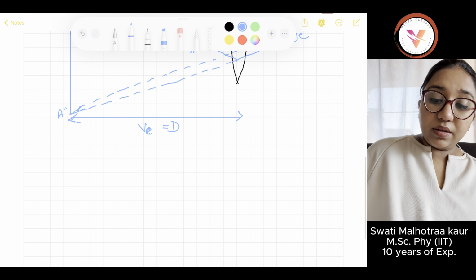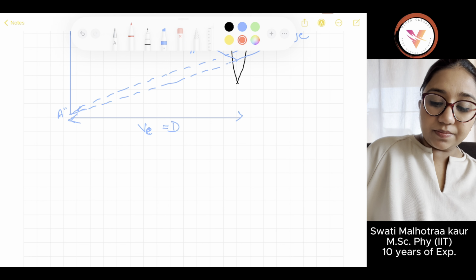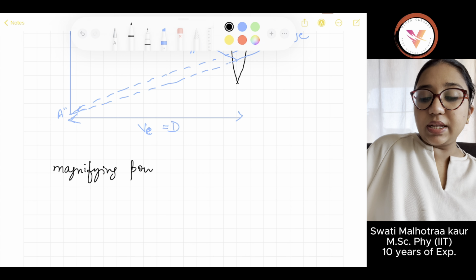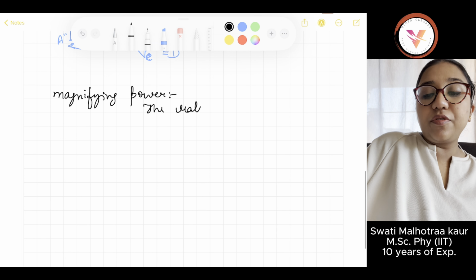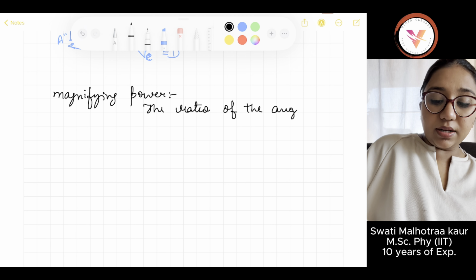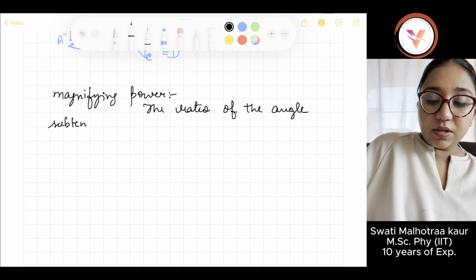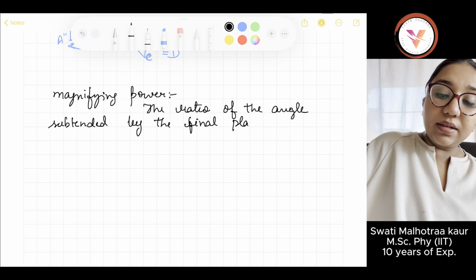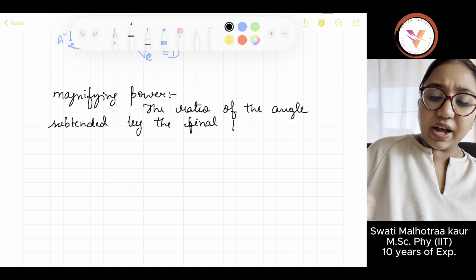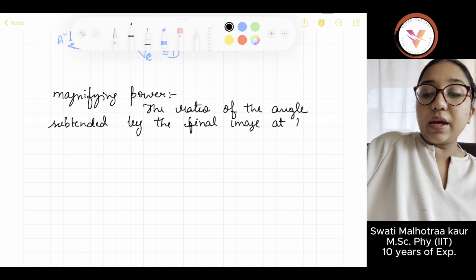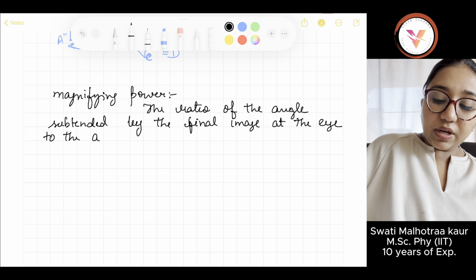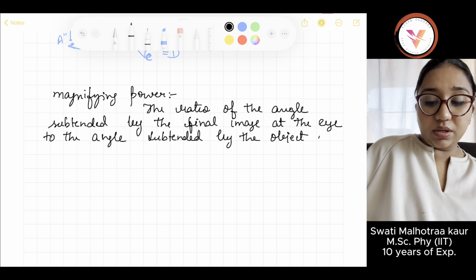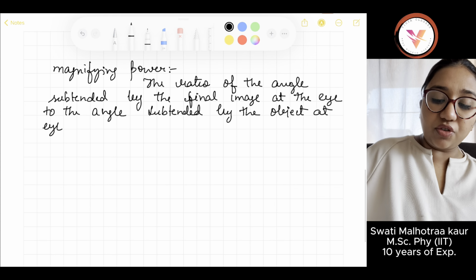Now, they have mentioned that the magnifying power is basically the ratio of the angle subtended by the final image at the eye to the angle subtended by the object at eye when both final image and object are at least distance of distinct vision.